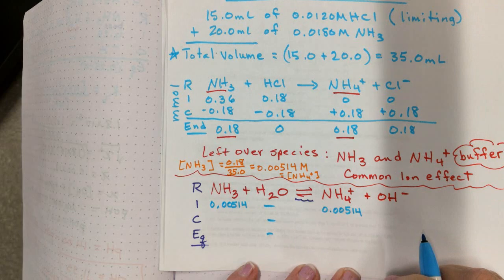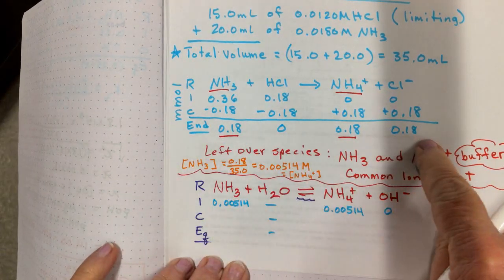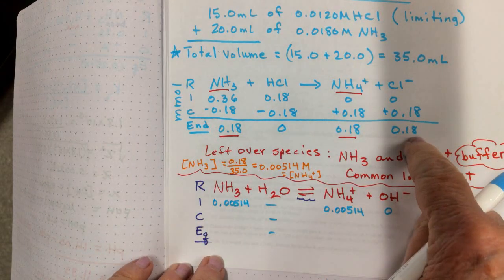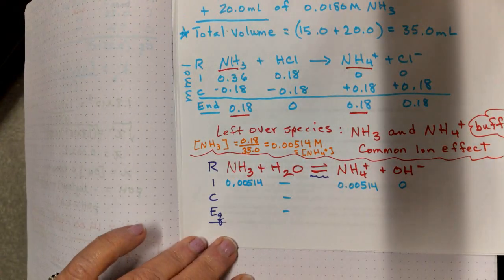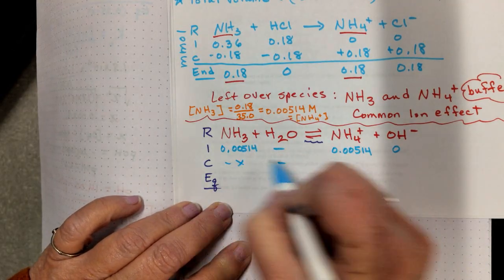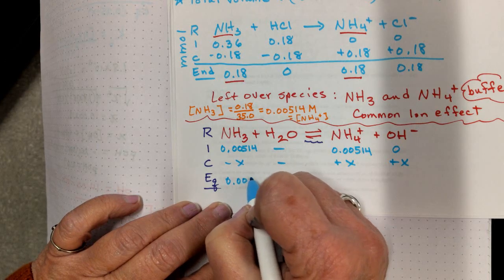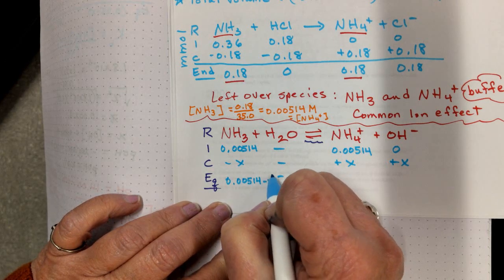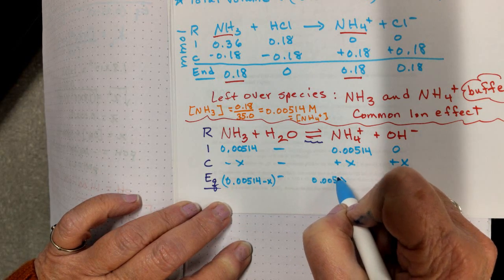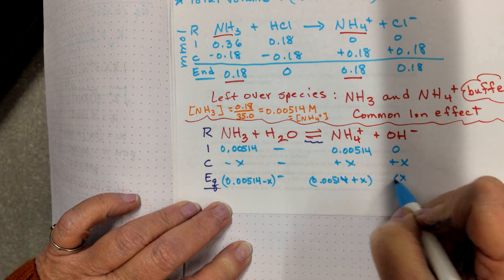So 0.00514, and we don't have any of that initially. We didn't have any hydroxide after the reaction. We only had this and that. And chloride is a spectator. Notice it's not involved in my equilibrium. Minus x, plus x, plus x, and so we get 0.00514 minus x, 0.00514 plus x, and x.